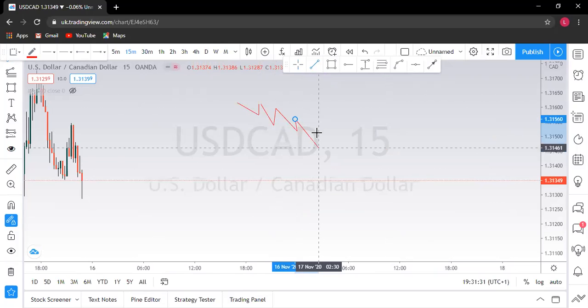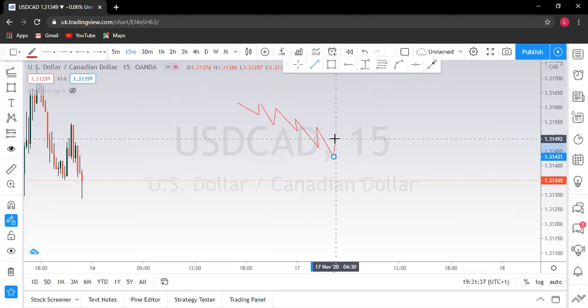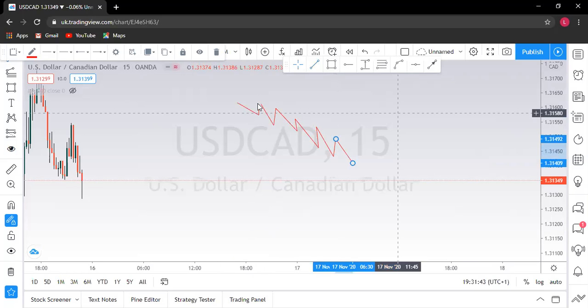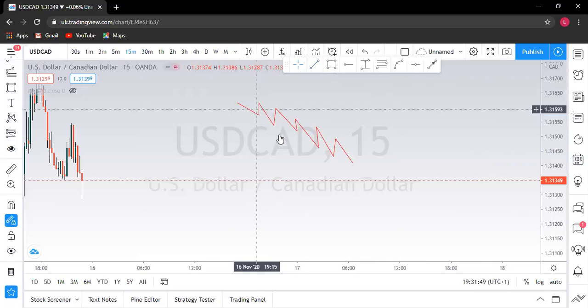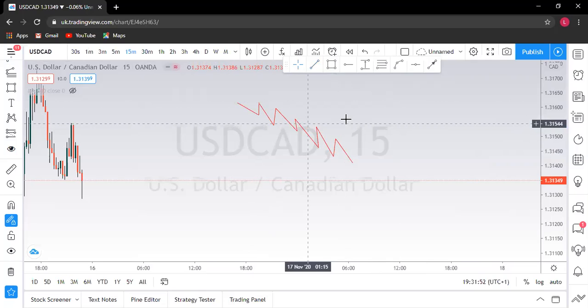I'm sure you know the rules of these lower highs and lower lows. The next lower low should not be above the previous lower high. You understand? Else we say there is a break in structure. So now this is a downward trend. Market has been forming series of lower highs and lower lows, which means market has actually been pulling back, right?